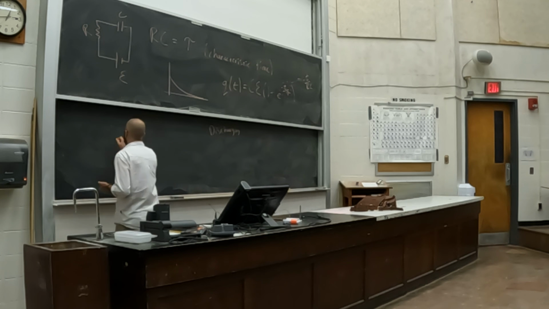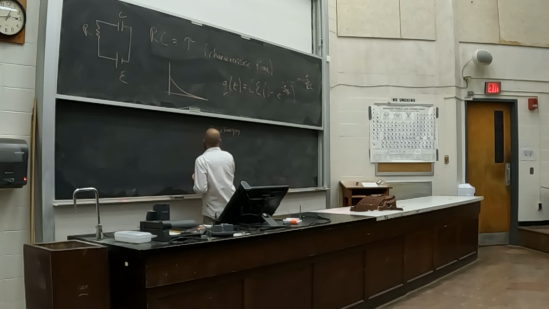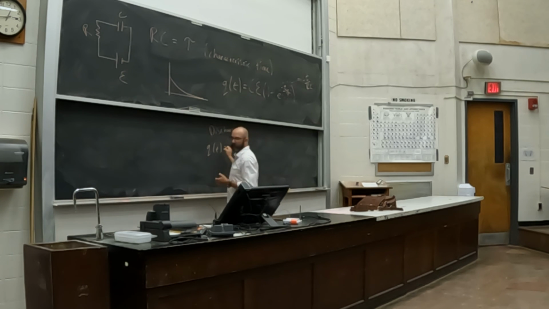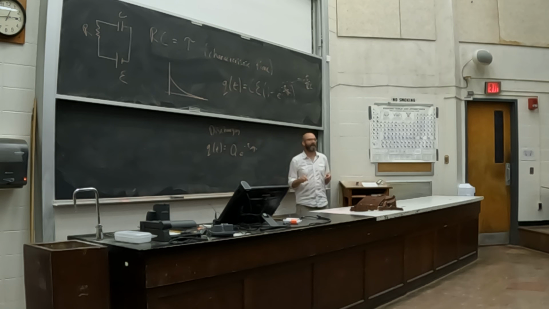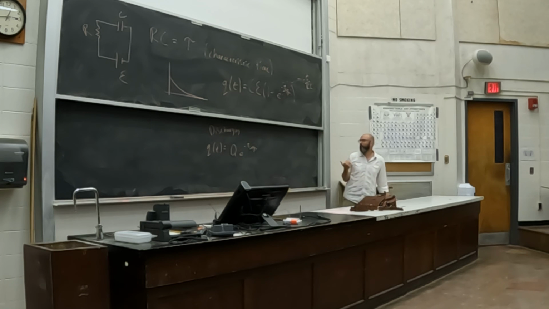All right, so for discharging capacitor, charge is a function of time. Right. Where this Q is just the CE. Right, that's the same value. I'm just giving it to you in a slightly different form. You still have the characteristic time. You just don't have the 1 minus.